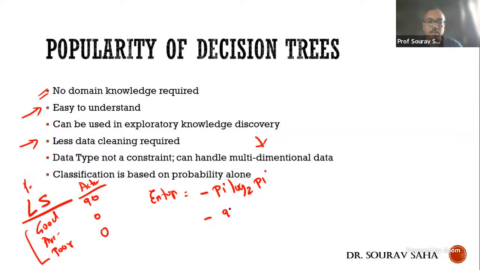So minus 90 by 90 into log to the base 2 of 90 by 90. Log 1 is 0. So entropy here will be 0, which means that this is pure.